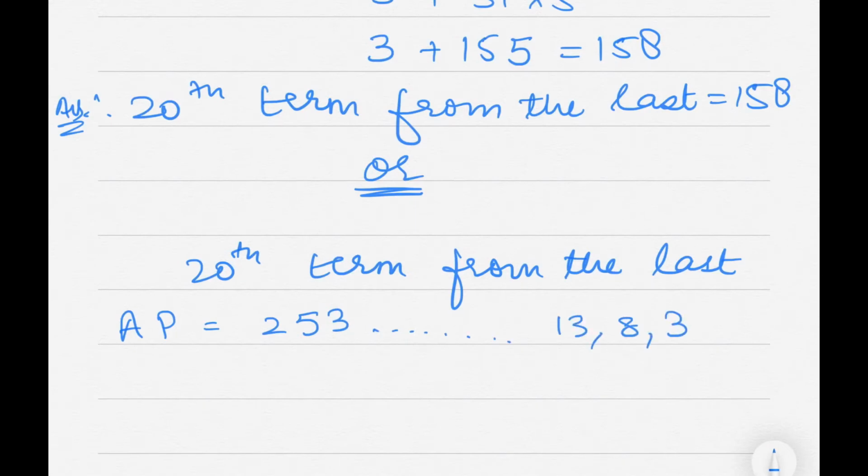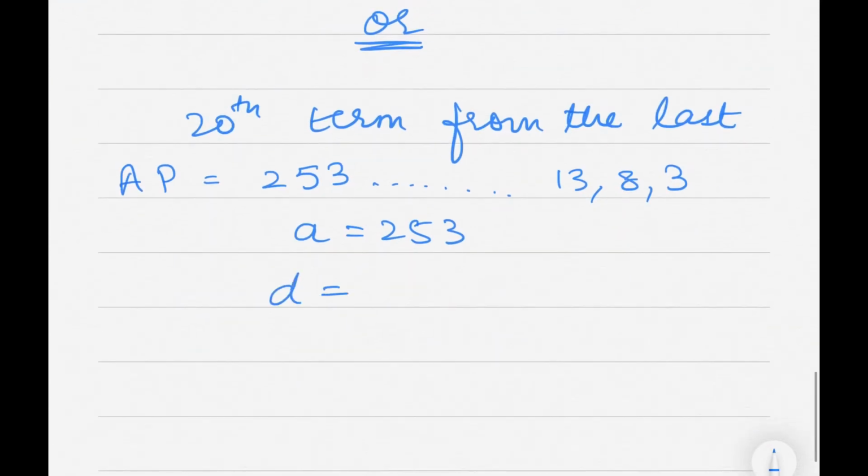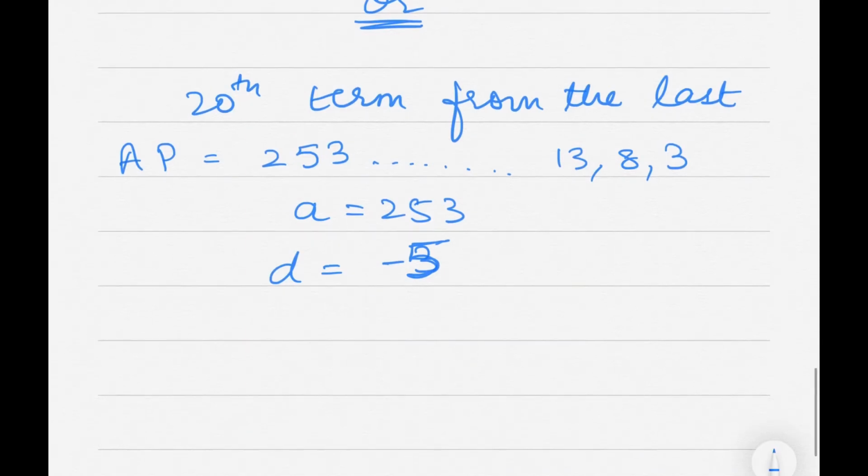In this case my A would be 253 and my D would be equal to minus 5, because now these have been decreasing from the starting. So the sign of the D will change, because now we are writing in the reverse way.